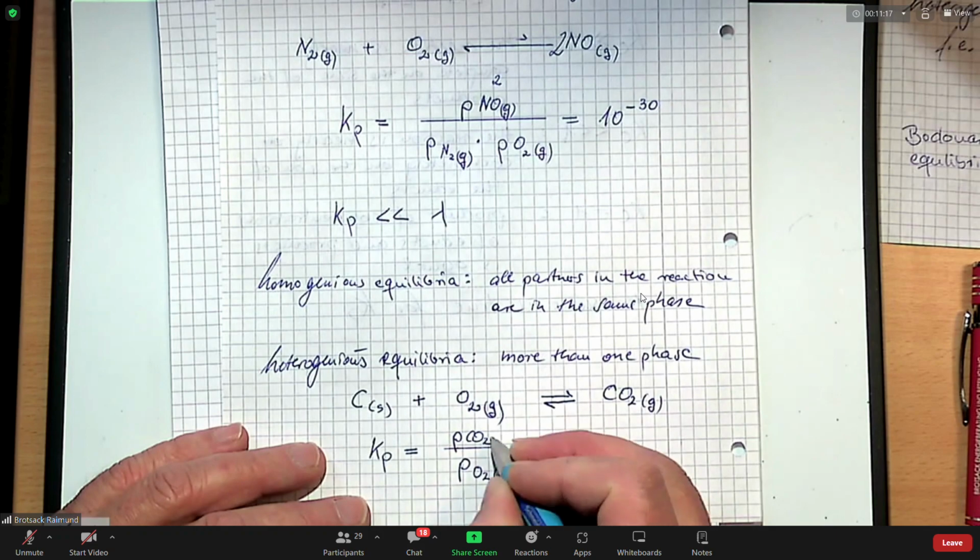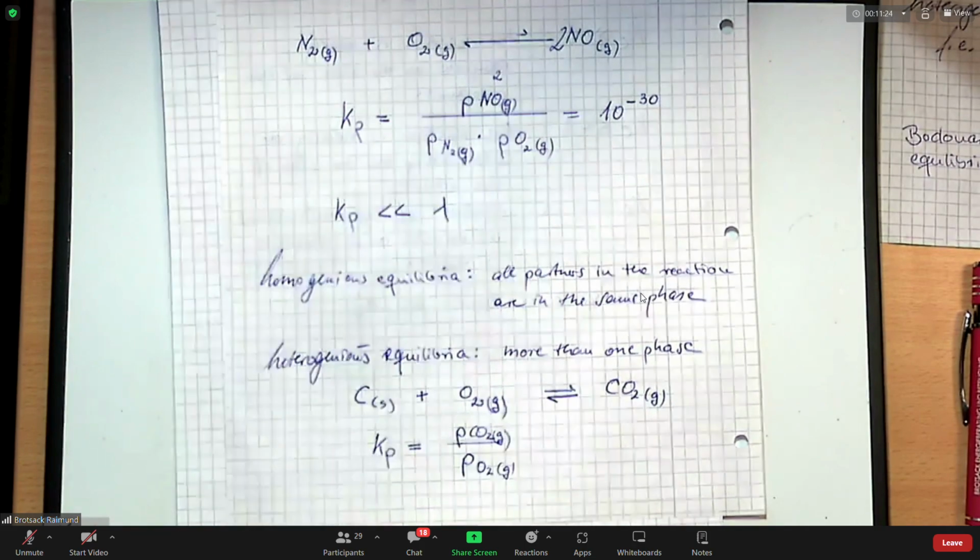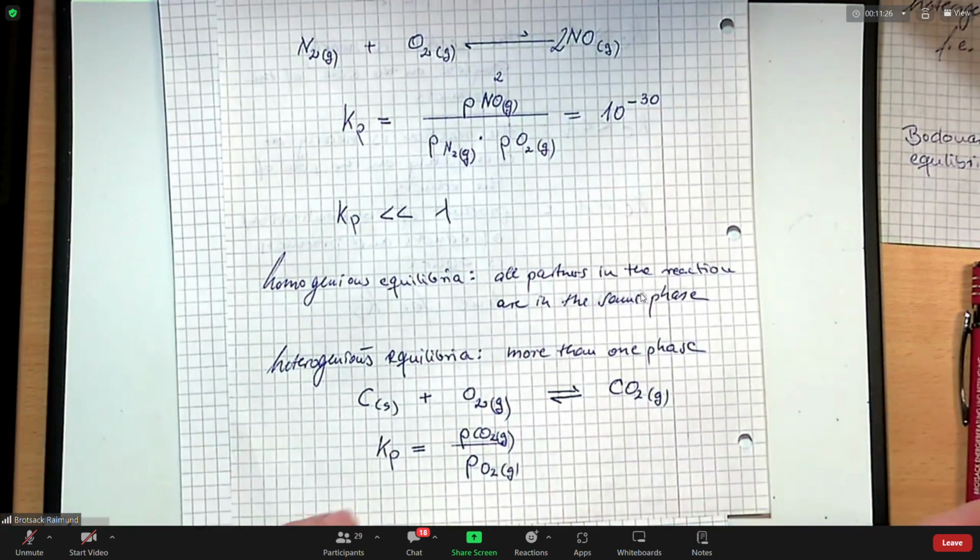Those are gases. So for solid components, we have no partial pressure.